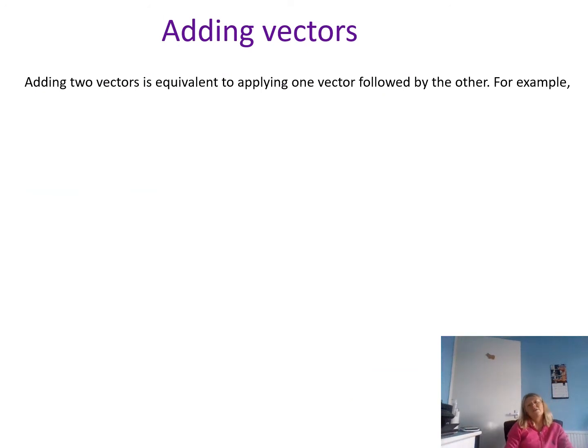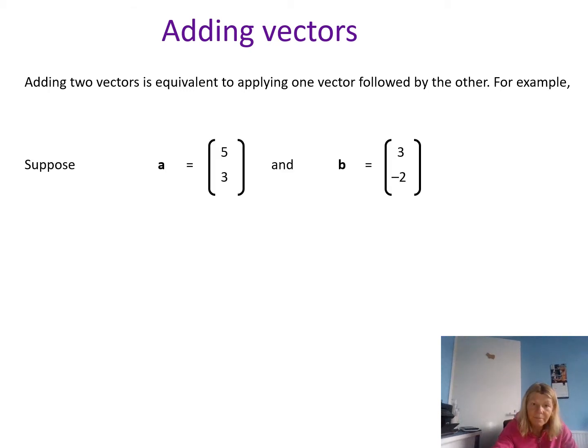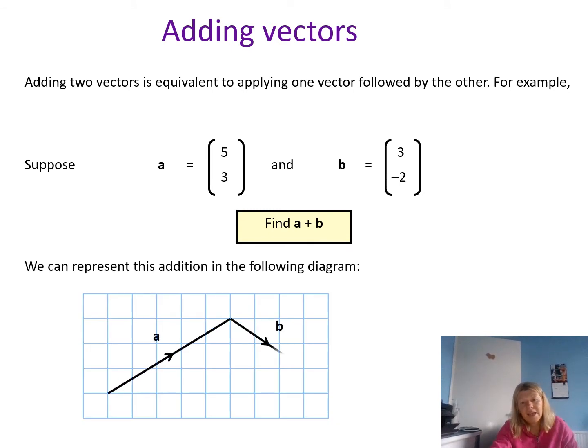Adding 2 vectors is equivalent to adding one vector followed by another. Suppose we've got these 2 vectors. Find a plus b. So the diagram represents what's going on. Vector a is saying go along 5 and up 3. Vector b is saying go along 3 and down 2.